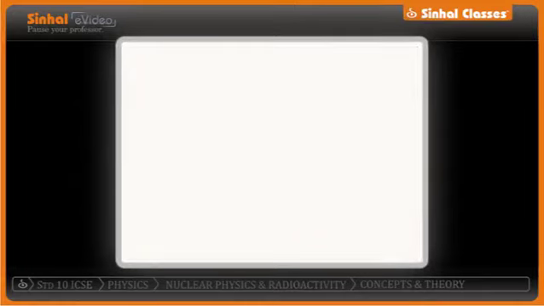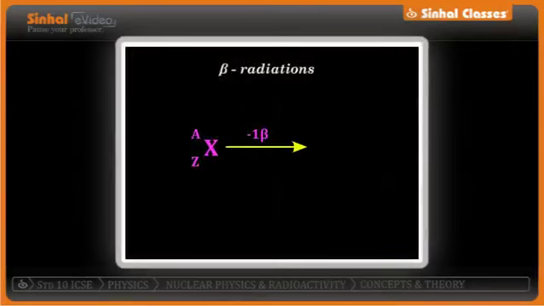Talking about beta emission, this radiation is equivalent to an electronic charge being liberated. When an electronic charge is liberated, the corresponding change in the element is that the atomic number increases by 1.